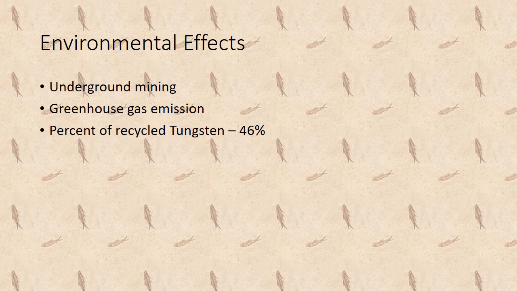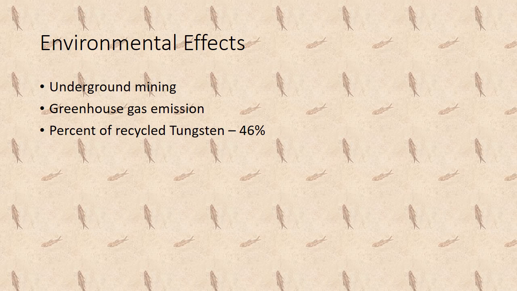As well, the production and transportation of the ore to be placed in cell phones or taken to America to be put in cell phones also emits a lot of greenhouse gases.